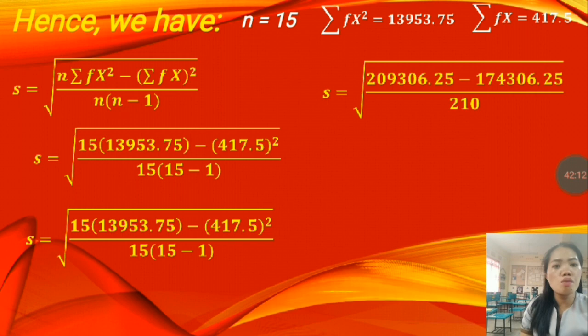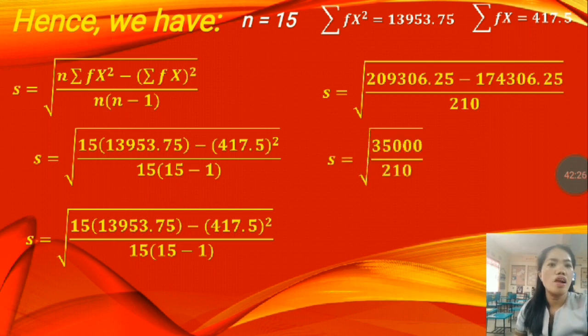And then 417.5 squared, that will give us 174,306.25, all over 210. 210, we get that from 15 times 14. Okay, next. So we have here the sample standard deviation is equal to the square root of 35,000 divided by 210. So we have our value of our sample standard deviation is 12.91.